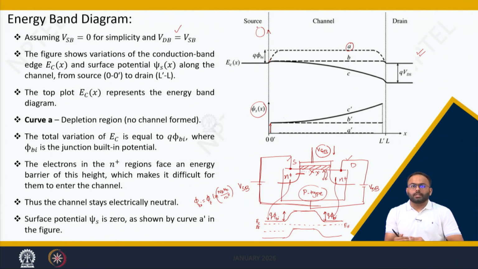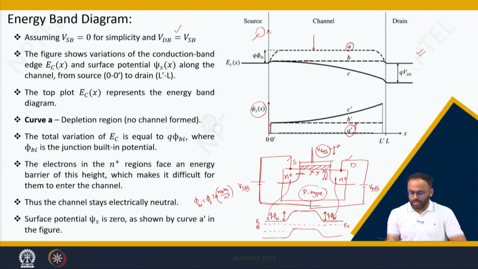We know that the surface potential changes oppositely to the potential energy. So if the potential energy is lowered from A to B, the surface potential is increased from A dash to B dash, where A dash is 0, meaning the surface potential is almost 0 when your VGB is very small or nearly 0.